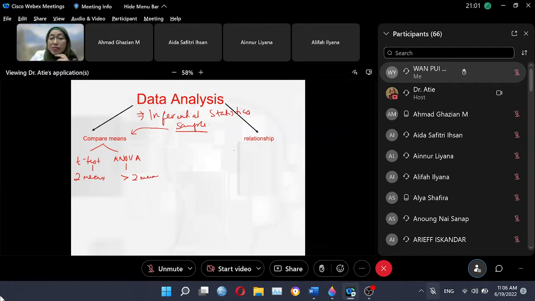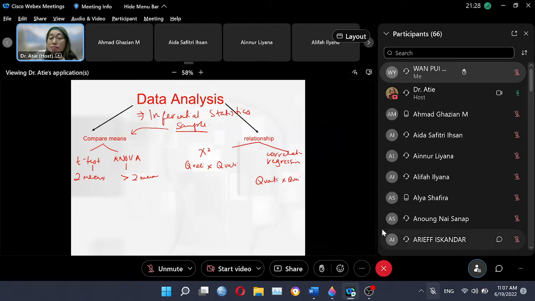And then for the relationship, we have two, right? The first one that we already learned is the chi-square test. Chi-square is quali versus quali. And today we are going to learn correlation and also regression. This one is for quanti versus quanti, right?